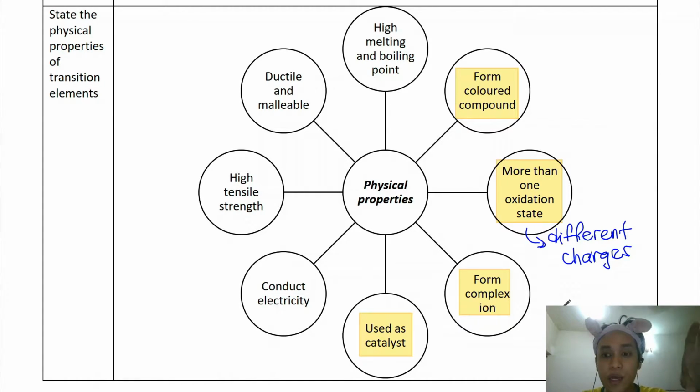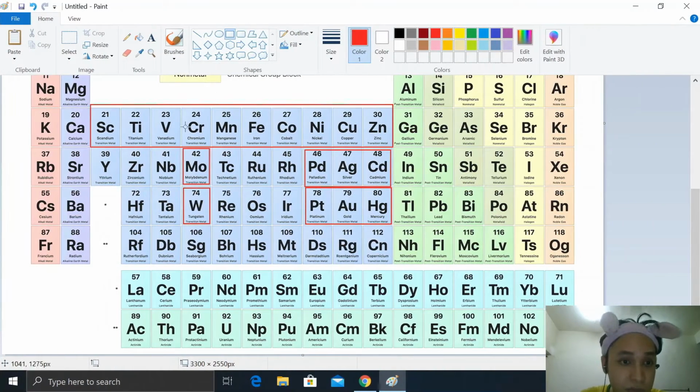Previously, the ones that we had learned, period 1 until period 3, their ions are fixed, meaning that each element will only have one ion. But for transition elements, they are different, because each element will have different ions or different charges.